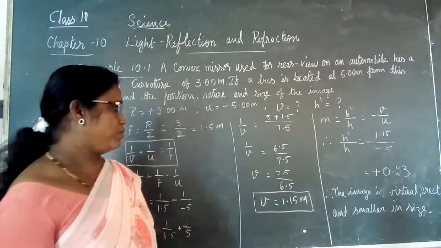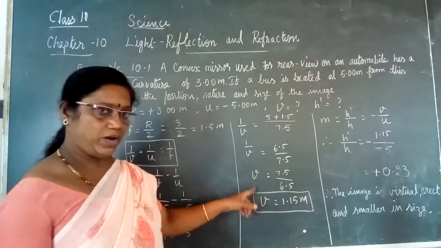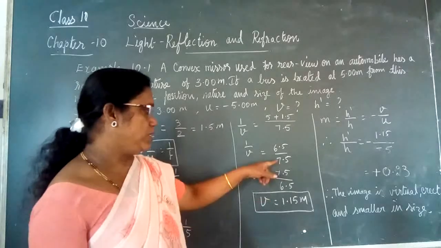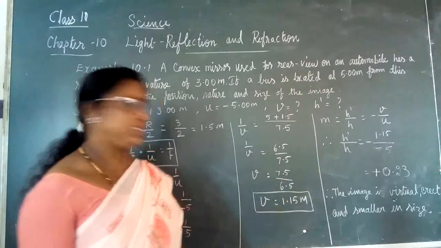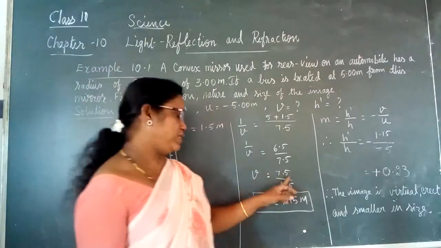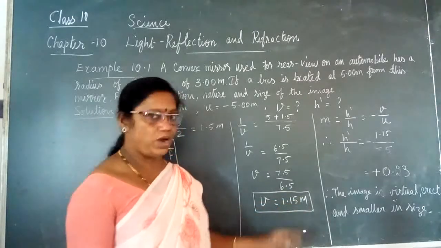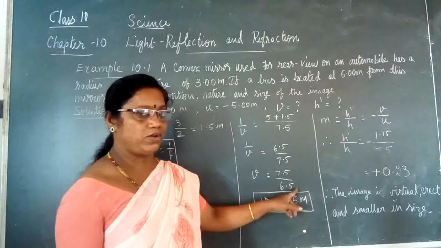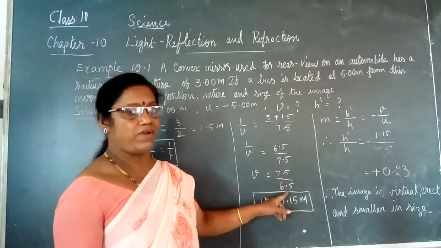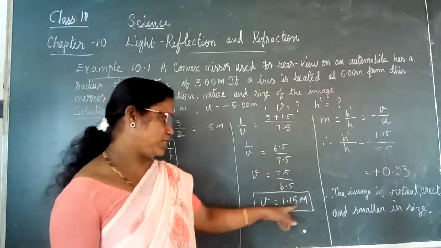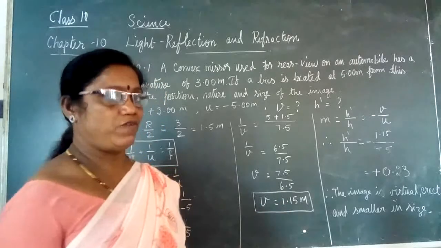Now take the reciprocal of this: v by 1 is equal to the reciprocal of the other side also, 7.5 divided by 6.5. Multiply both numerator and denominator by 10, so you get 75 by 65. When you divide 75 by 65, it is 1.15 meters.